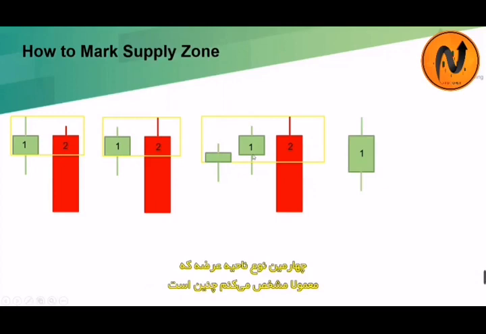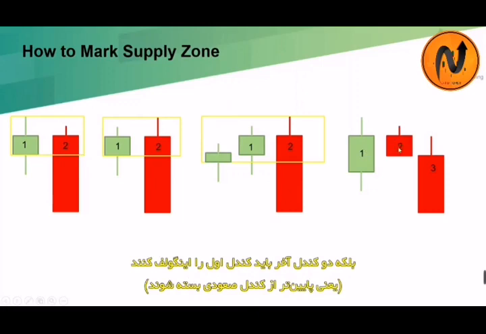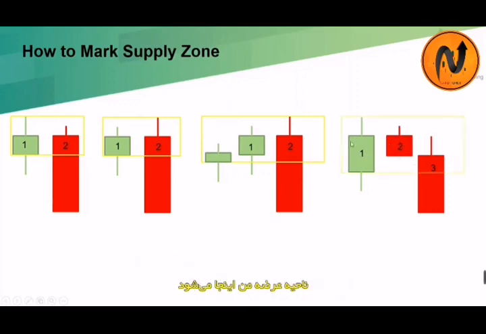The fourth type of supply zone that I usually mark is something like this. There are three candlesticks, one bullish and two bearish. This bullish candlestick is engulfed not by one, it cannot happen by one, but by two candlesticks. So my supply zone will be over here.